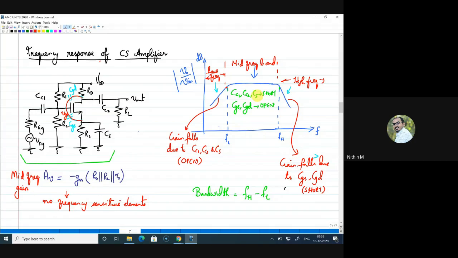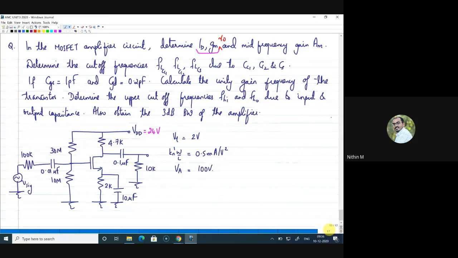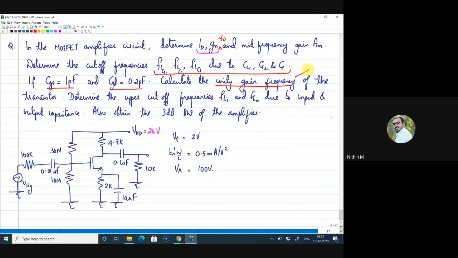At low frequency, the coupling capacitors and the bypass capacitor are responsible. Similarly, at high frequency, the parasitic capacitances are the responsible elements. I hope this part is clear. I'll tell you how to evaluate these cutoff frequencies due to the coupling capacitors. After that, it is given that CGS is 1 pico, CGD is 0.2 pico, and they ask to find the unity gain frequency, which we know is FT.